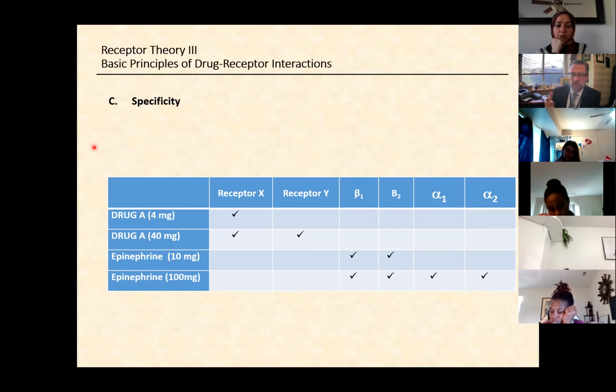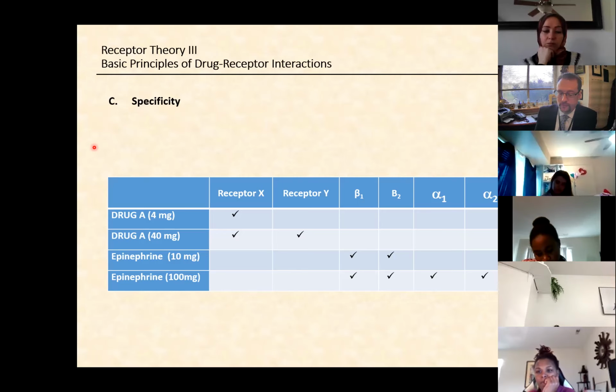Now, that doesn't mean that metoprolol won't block beta 2 receptors if you bump up the dose and give a high dose of it, right? Yes. If you bump up the dose, will it also block alpha receptors? Theoretically, if you give it at a high enough dose, it could. You might kill your patient at that high of a dose. You might stop their heart, but that's possible.